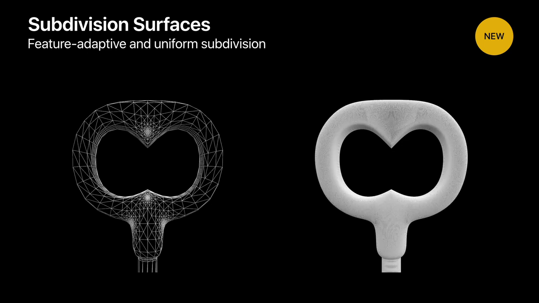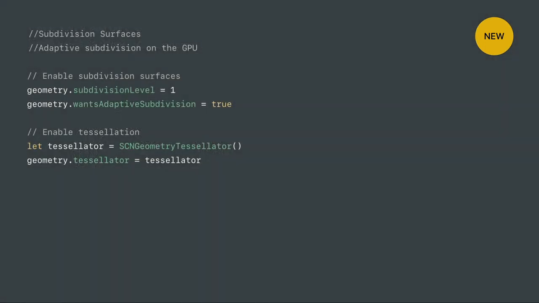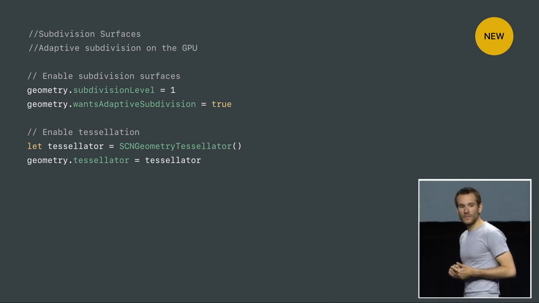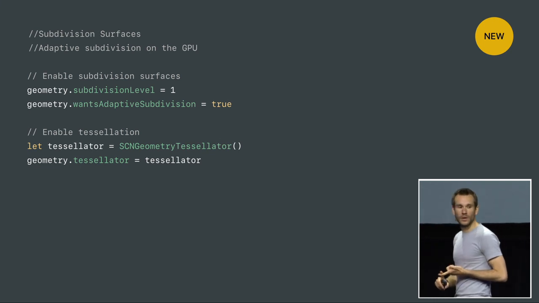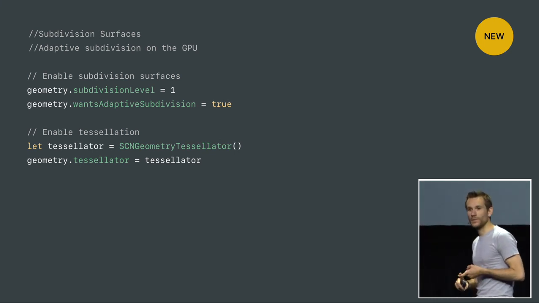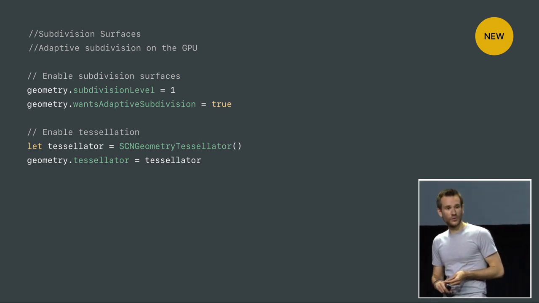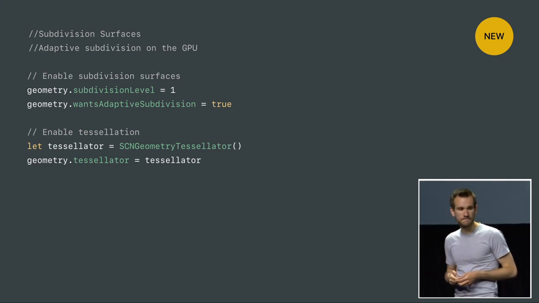So then, with tessellation, we can create new vertices on these perfect mathematical curves, and so it leads to very smooth surfaces with a lower memory footprint. Now, the API is really simple. You just specify a subdivision level, and then you opt into tessellation. And then for feature adaptive subdivision, it's really easy to configure too.